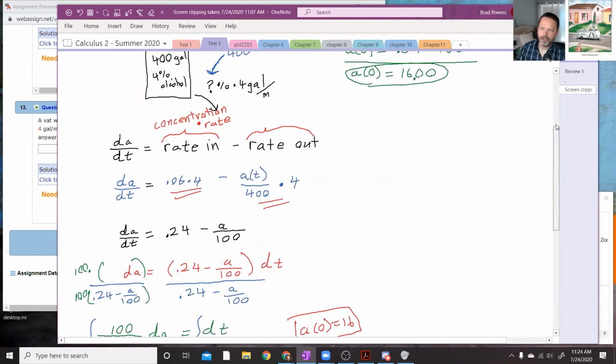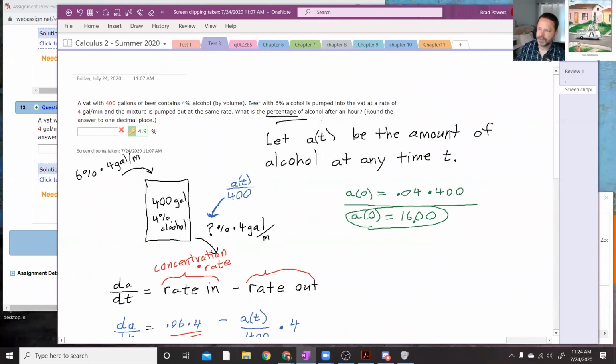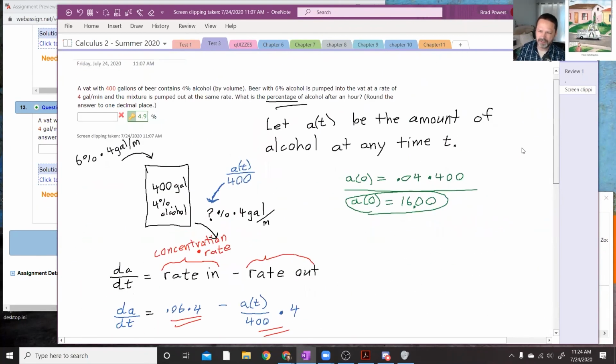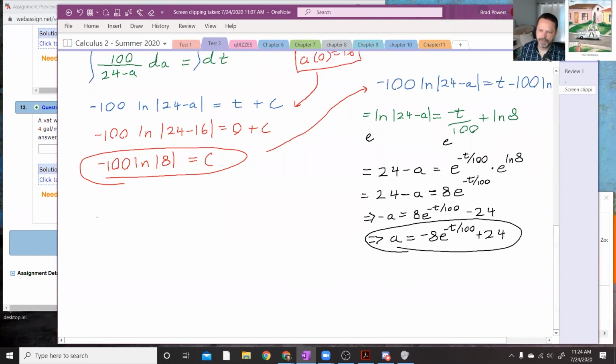That's the amount of alcohol, but it was asking for the percentage after an hour. So what are we talking about? Are we talking about hours? We're talking about minutes, right? So what we need to do for the percentage after an hour, and I won't finish that, I'm sure you guys can do that. You'd want to pay attention to this since it's asking for not the amount, but the percent, the concentration.